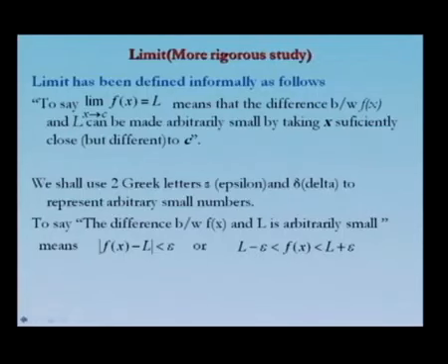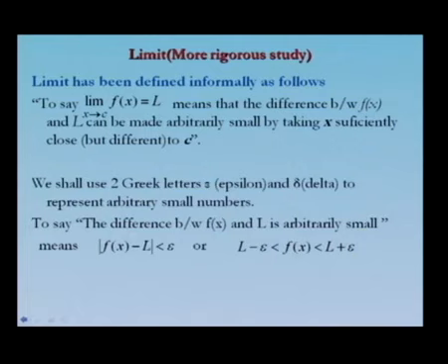In the earlier session we defined the limit informally as meaning that the difference between f(x) and L can be made arbitrarily small by taking x sufficiently close but different to c. Then it means that f(x) approaches L as x approaches c.